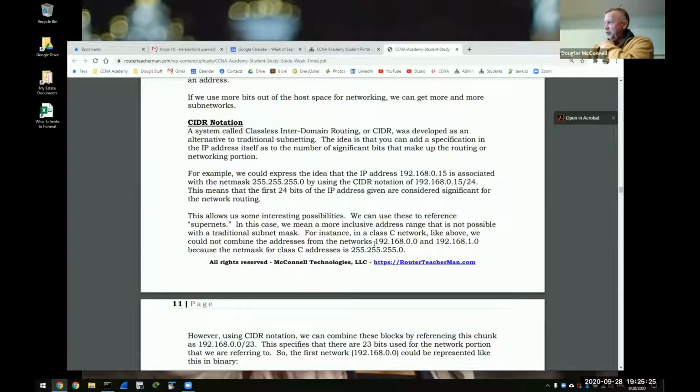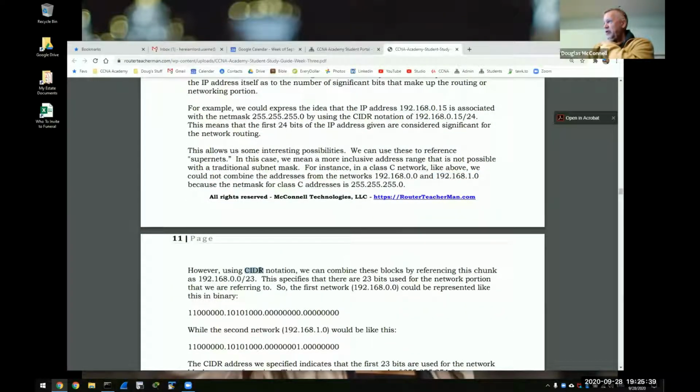So with the traditional way of subnetting, this expression and this expression couldn't be combined. However, when we use CIDR notation, this changes this from always being a /24 to something that looks like this. So what have we done here?